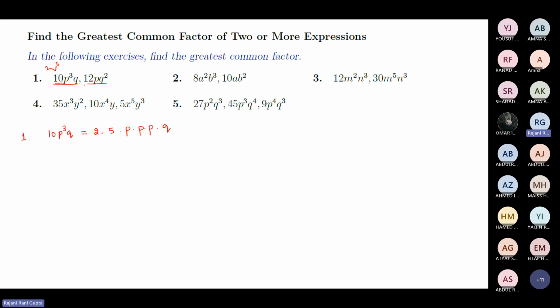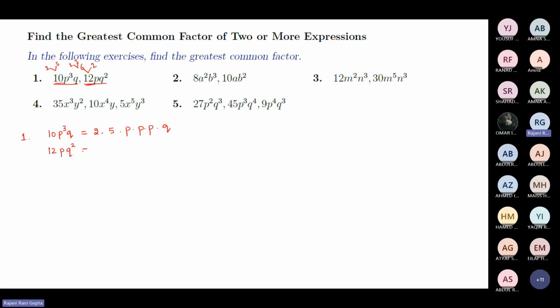Okay. Now we move to the second term, 12pq square. Which two numbers give you 12? 6 and 2. Can we further split 6? 2 and 3.